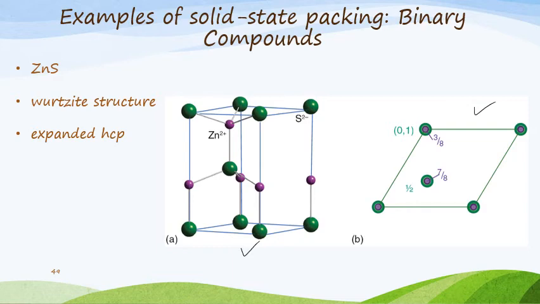I'm not going to expect you to figure this one out for yourself because this particular structure is quite tricky, but just understand that the position of the sulfide is at 0 and 1. So if we chose this one here, for example, 0 and 1, and then the zinc happens to be 3/8 away.